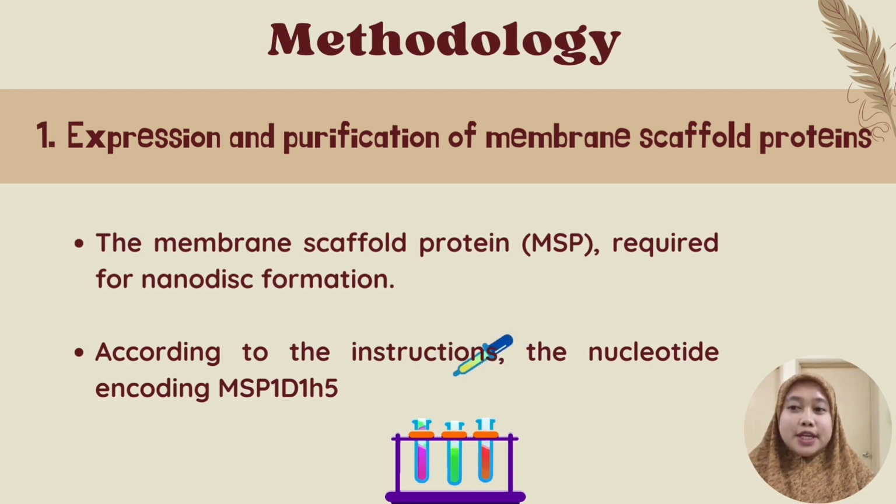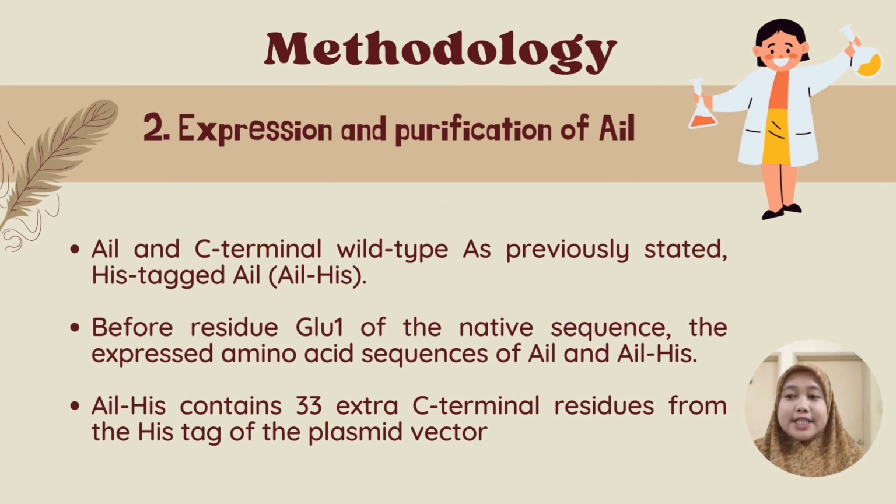The membrane scaffold protein, MSP, required for nanodisc formation, was produced and purified in two forms, which are MSP1D1H5, which lacks helix 5 of MSP1D1, and MSP1E3D1, which has three additional helix repeats of helix 4, 5, and 6 in comparison to the MSP1D1 sequence.